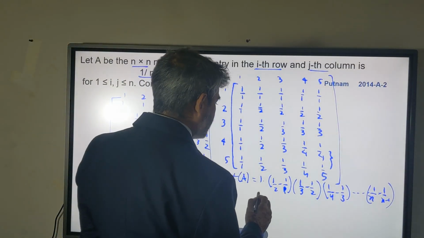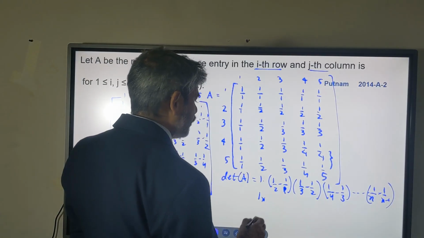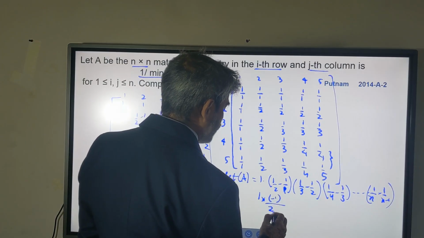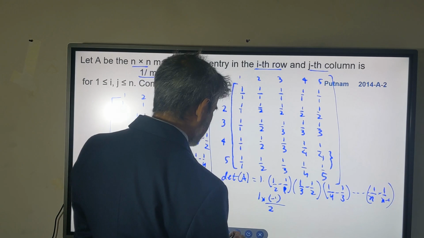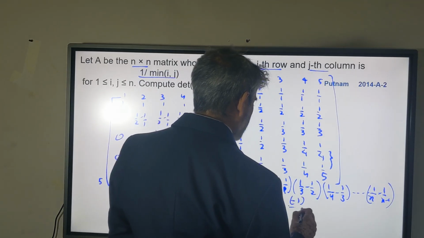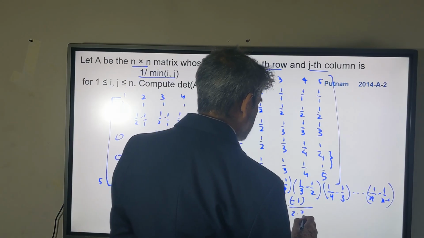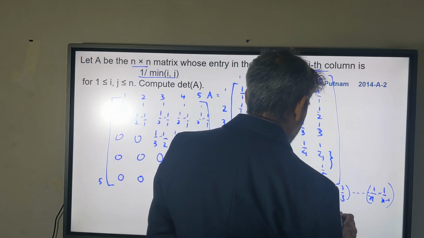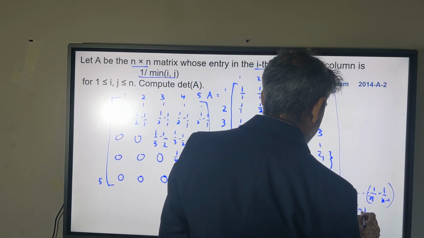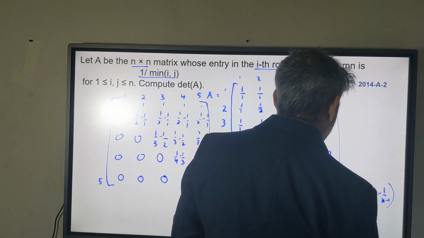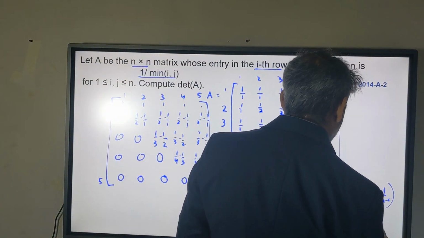Now, I can write this as 1 multiplied by, the difference is going to be minus 1 divided by 2 into 1, or I will write it as 1 into 2, then this multiplied by minus 1 divided by 2 into 3, minus 1 divided by 3 into 4, and so on and so forth, minus 1 divided by n minus 1 into n.